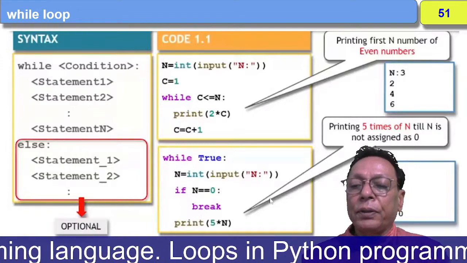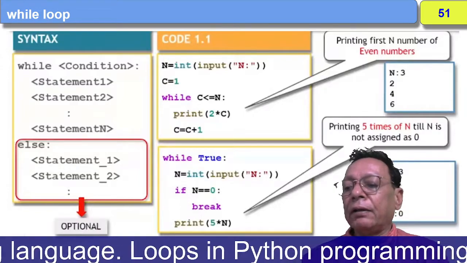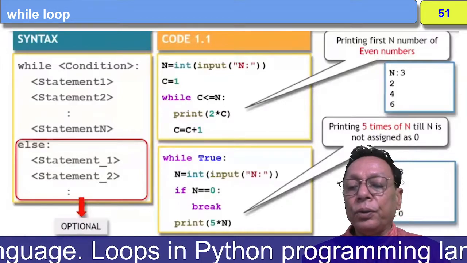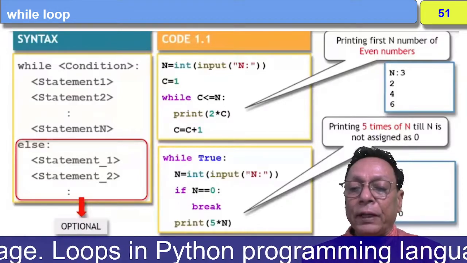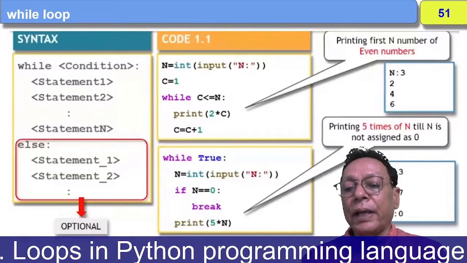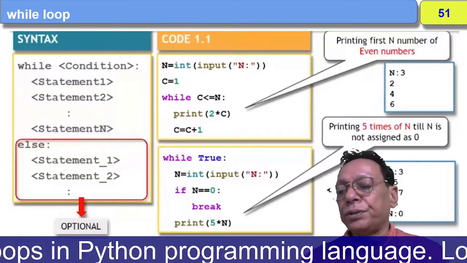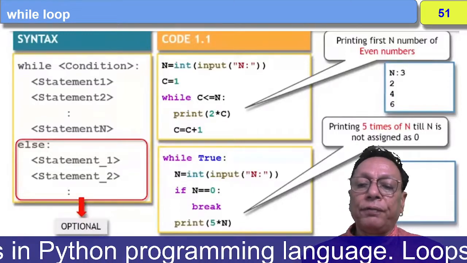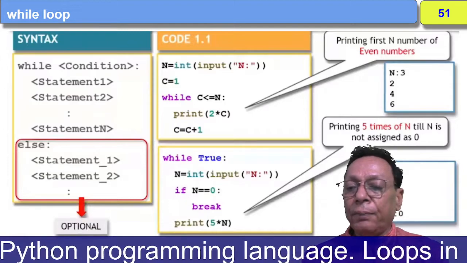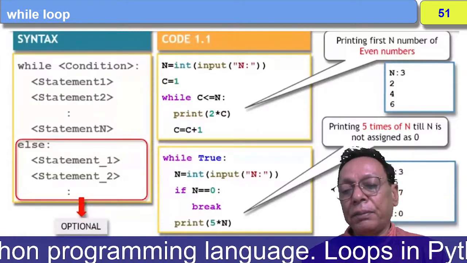So this way, this is a finite loop and it will be repeated only 2 times. Why? It will be repeated as long as n is non-zero. So as soon as you give 0 to n, the repetition is broken.